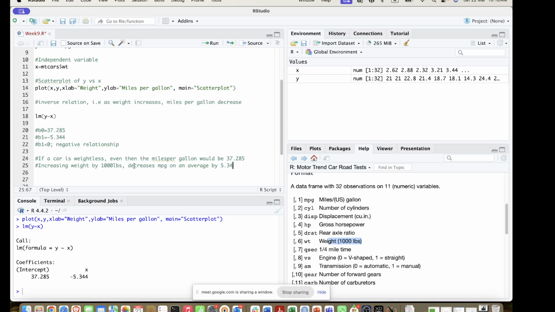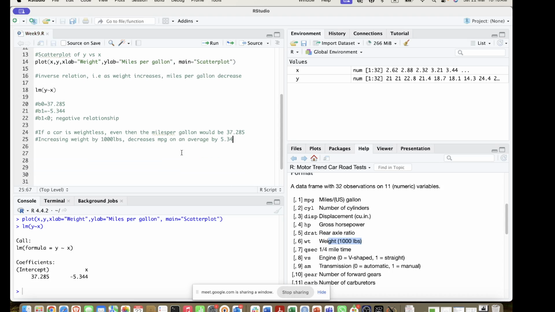Okay, so this is how we should be interpreting the regression coefficients.